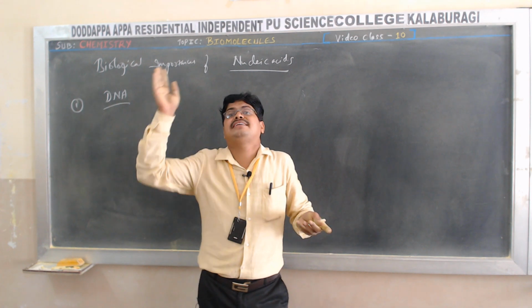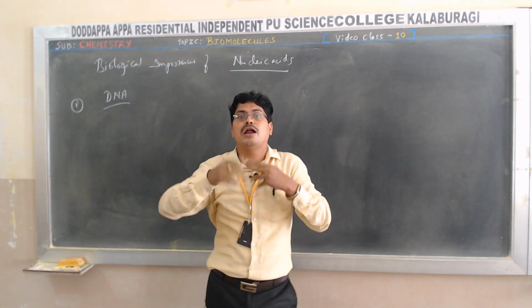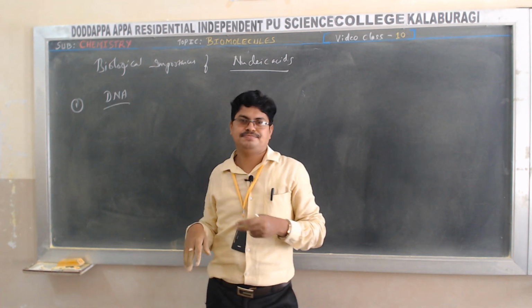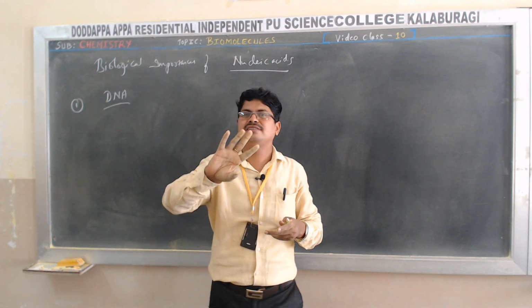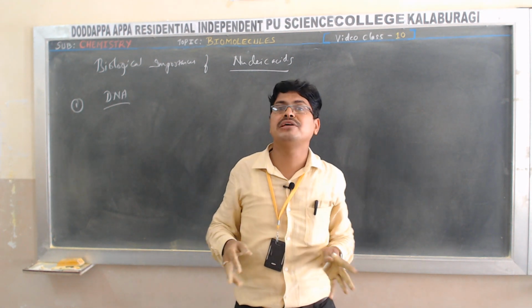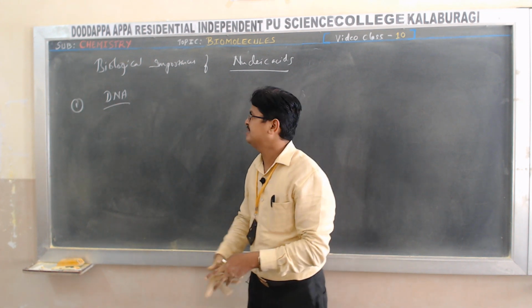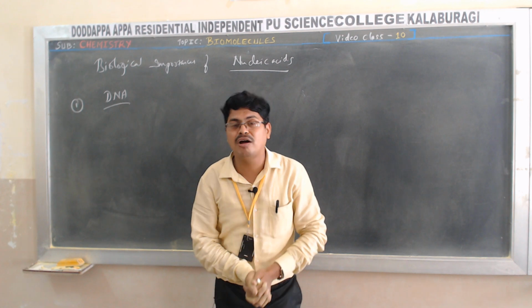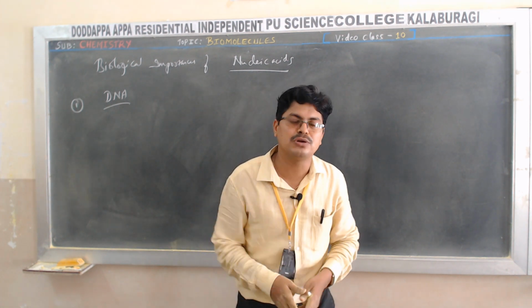Cell division is incomplete unless the nucleic acid, that is DNA, undergoes replication. Unless DNA undergoes replication, there is no cell division. Unless there is cell division, there is no reproduction in case of microorganisms. So DNA plays an important role in reproduction.